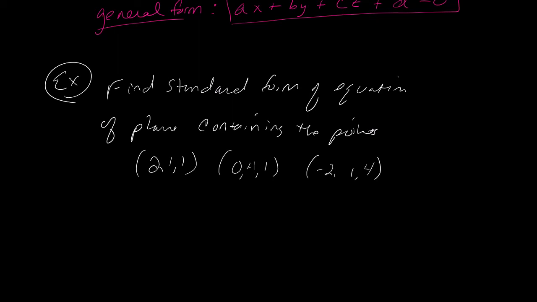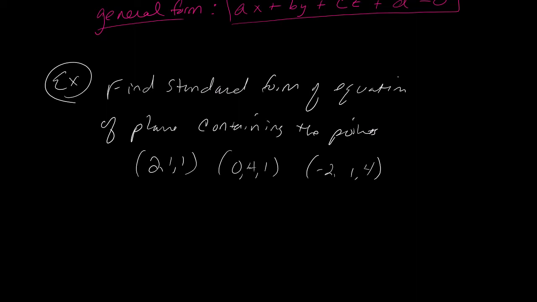Okay, so we have a plane. We do need 3 points to nail down a plane, because any 2 points are collinear, you throw in one more point that's not collinear, and we have a plane. All right, so we do need 3 points for that. And we are going to find the standard form of the equation for this particular plane.